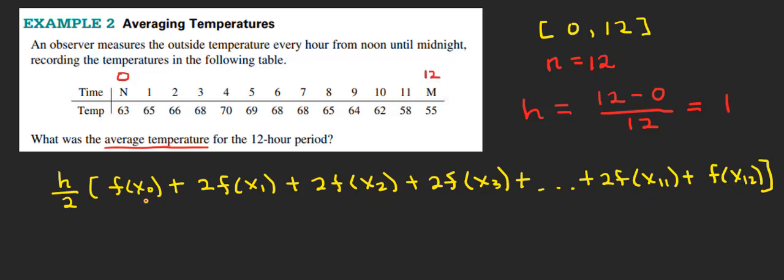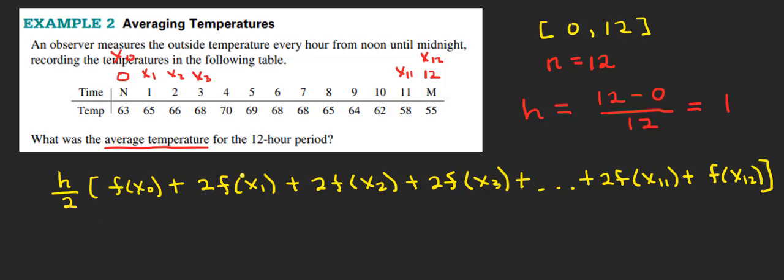So x of 0 is 0, x of 1 is 1, x of 2, x of 3, and all the way up to x of 12, which is 12, and x of 11 is 11.